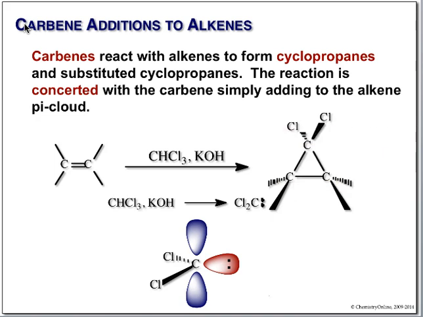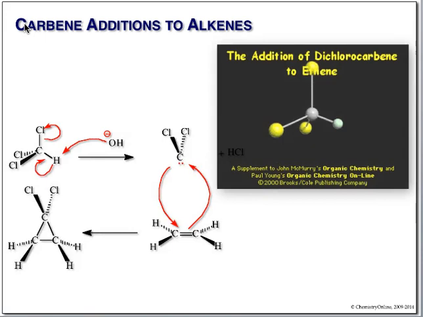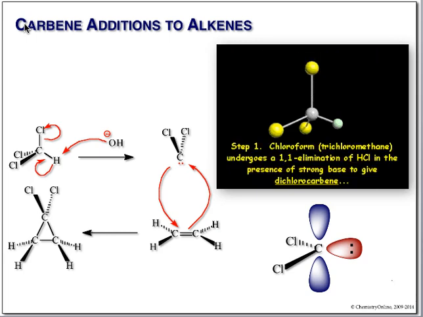I have a movie here. Step one, we're going to pull HCl off of chloroform to make dichlorocarbene. This is going to come and sit down on the pi system, and we wind up with our product. Once again, this is what dichlorocarbene looks like. Step one, we're going to lose HCl.